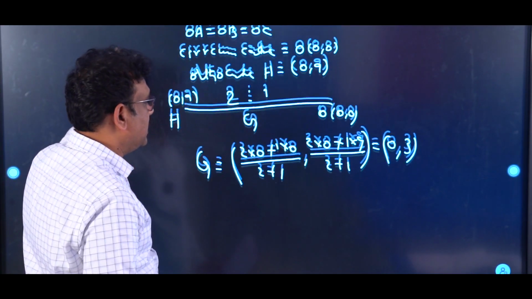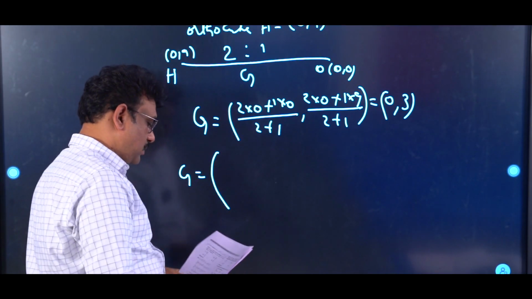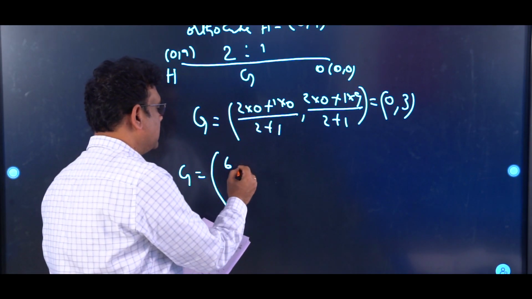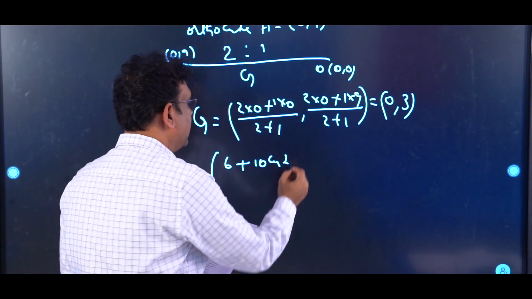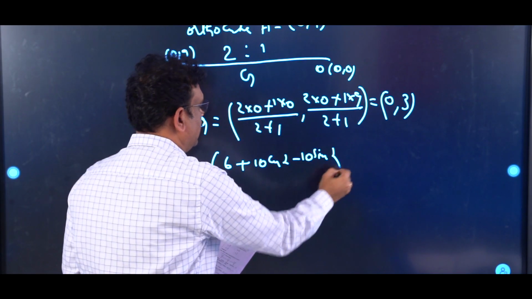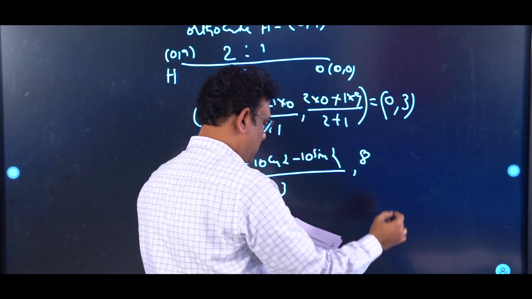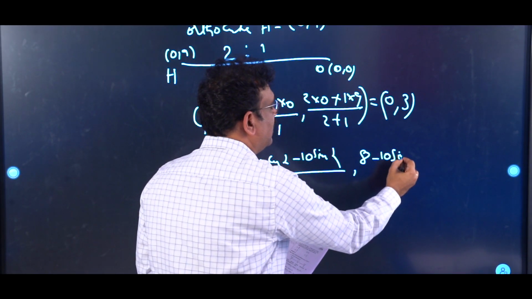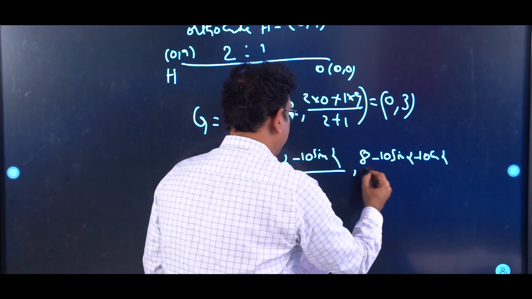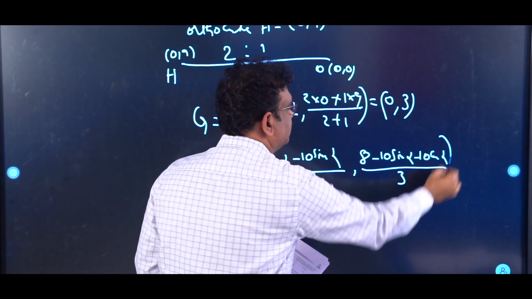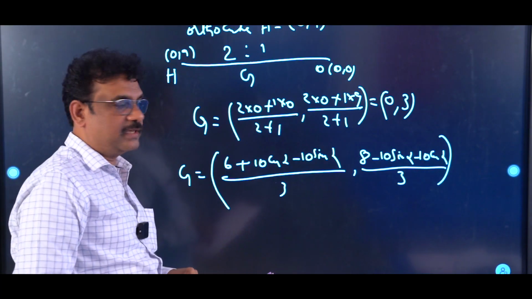So you can write the centroid G as ((6 plus 10 cos alpha minus 10 sin alpha) by 3, (8 minus 10 sin alpha minus 10 cos alpha) by 3). This is the centroid of the vertices ABC.